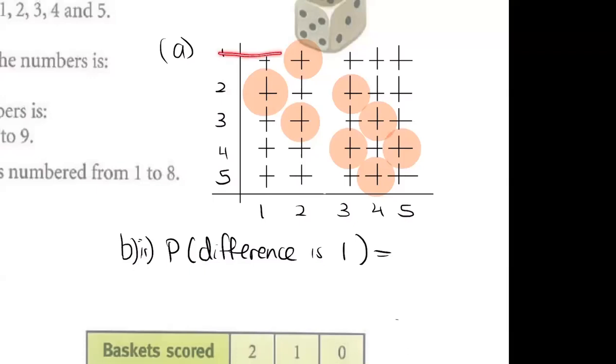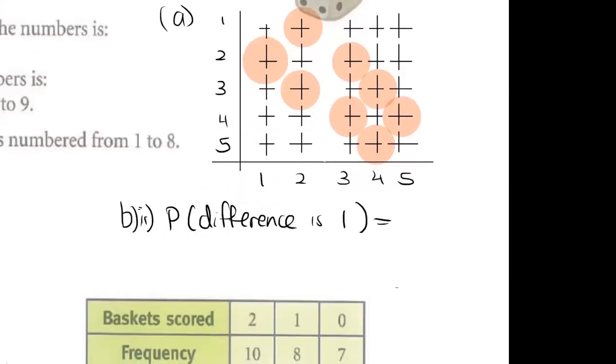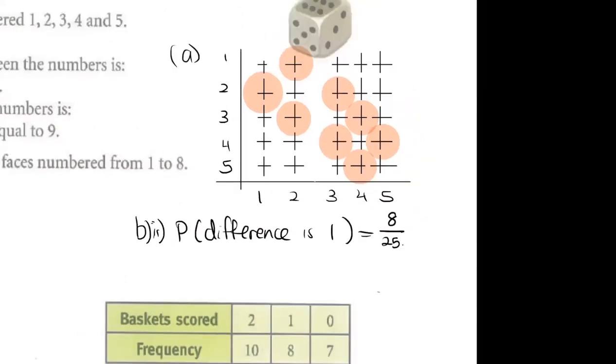You can see 1 and 2, 2 and 3, 3 and 4, 4 and 5. So don't bother if it's a negative or what. Just take the bigger minus the smaller one. So it's 8 over 25. That's the answer.